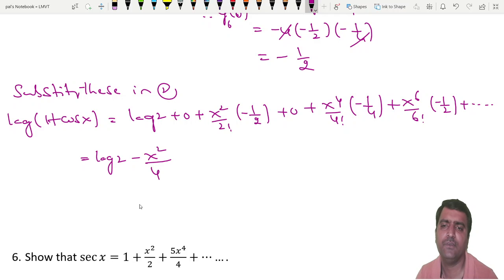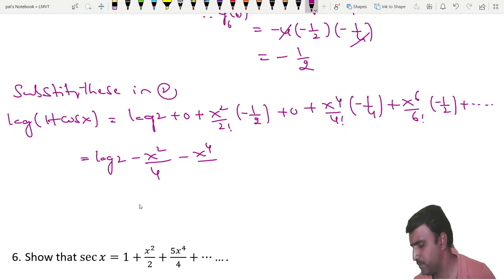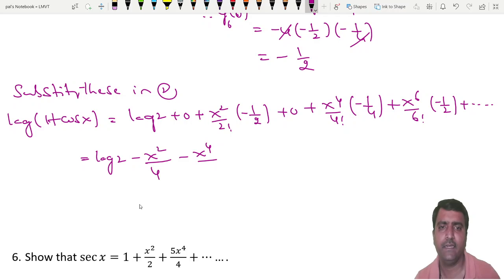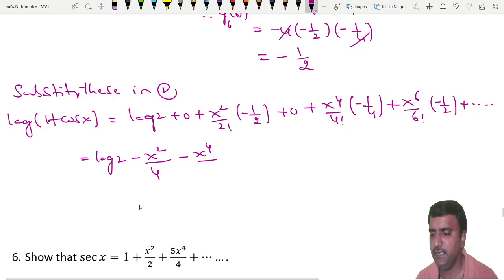You can simplify this as log 2 minus x square by 2 factorial into 2, you can write it is 4, minus x to the power 4 divided by 4 factorial is 24, 24 into 4 is 96.